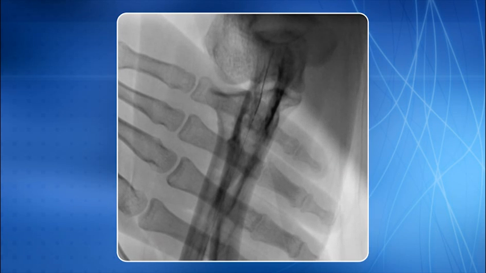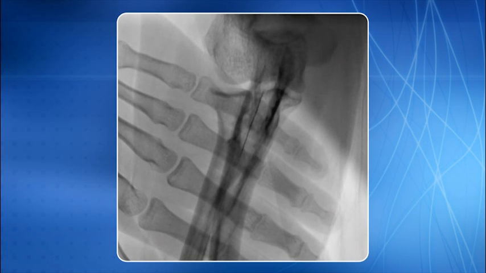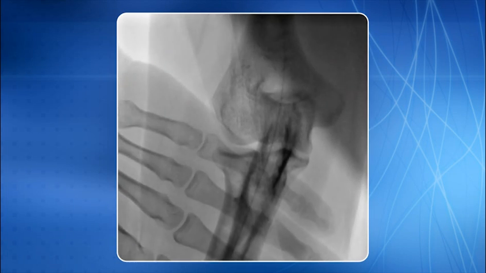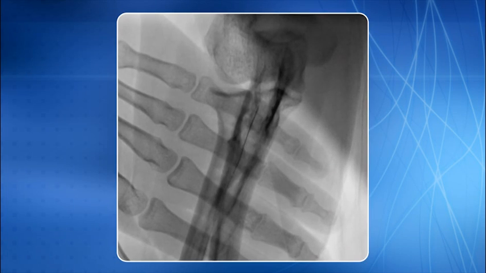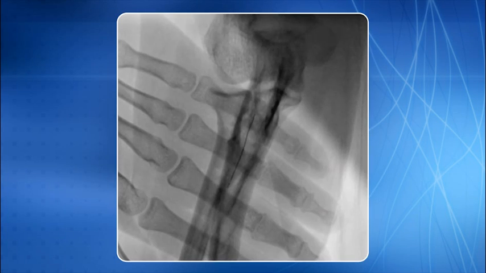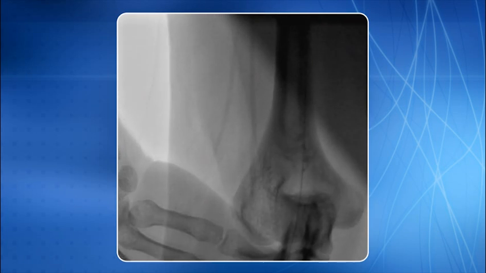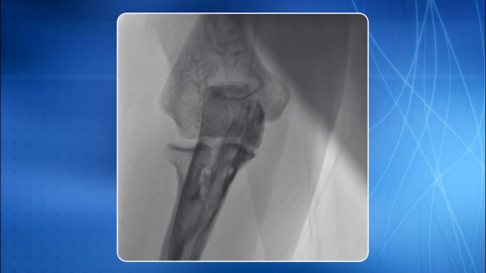Here we have introduced a PTCA wire through the radial artery across the perforated segment. There was an expanding hematoma, so we had to compress it externally by manual compression. Once the PTCA wire is placed distally, the catheter is being negotiated across the affected segment.